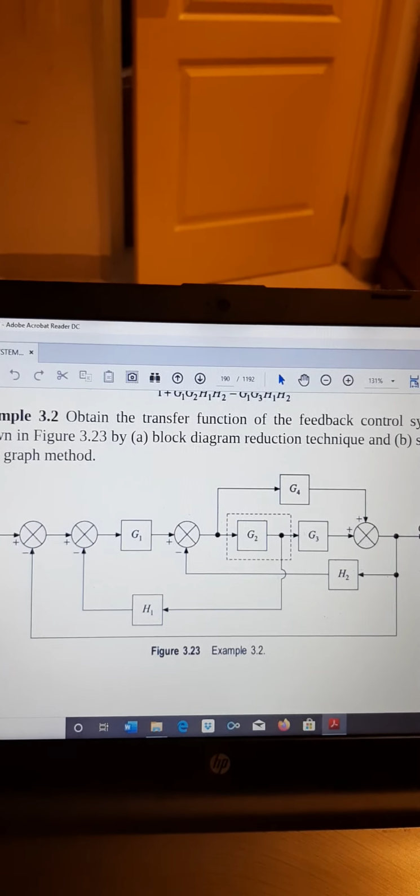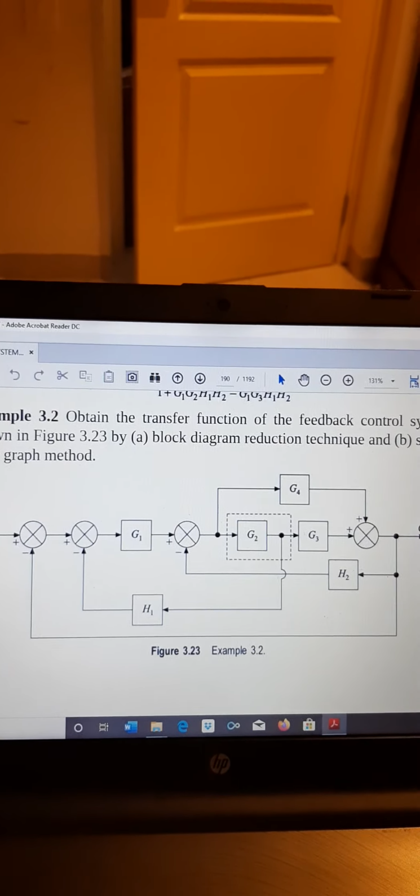Apart from that, what you can see in the diagram is, yes, this you can multiply, and this is a feed forward branch. Here also it is plus, here also it is plus. So G2 G3 plus G4, if you are reducing this entire block, it becomes G2 G3 plus G4.